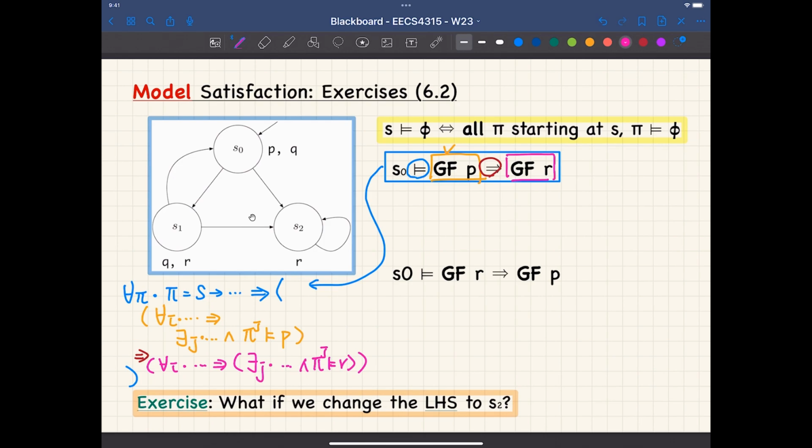All right, can we now try to do a little bit more visual, and then we can go back to this example here. Let's say this is a representative pi. For the same pi with infinite number of states, we're saying that if on this path, P is infinitely often true, that means for the same path, R is also infinitely often true.